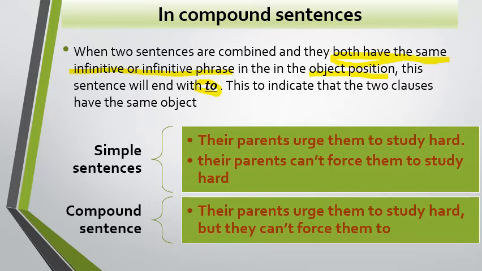Let's have a long sentence. I have two simple sentences here. Their parents urge them to study hard. What is my object? Urge is the main verb. My object is them to study hard. Okay, this might not be clear. Let me use a different color.